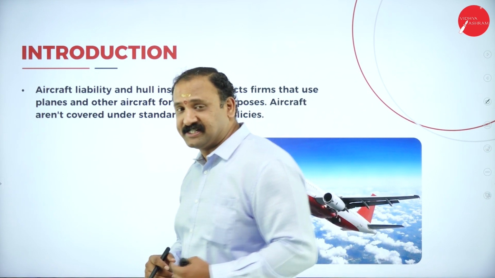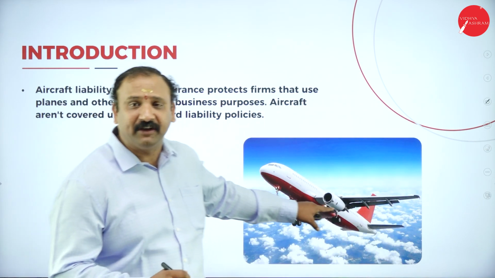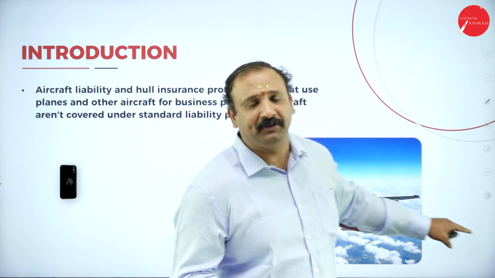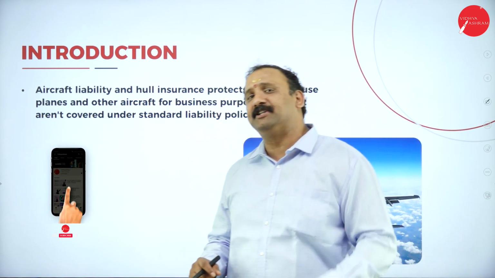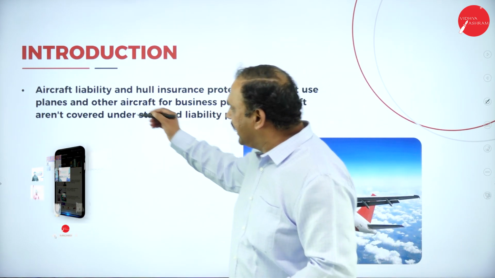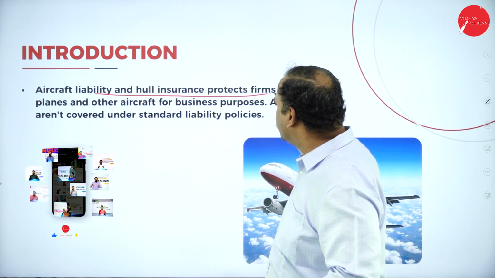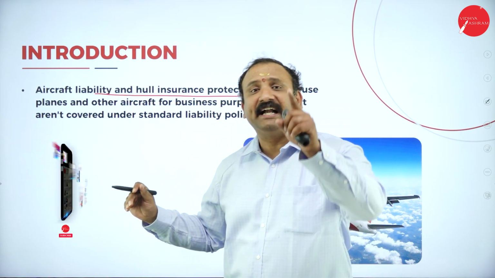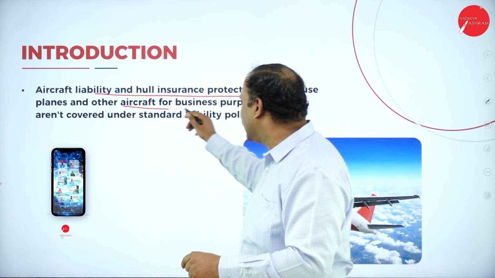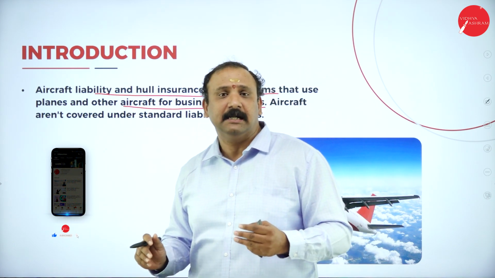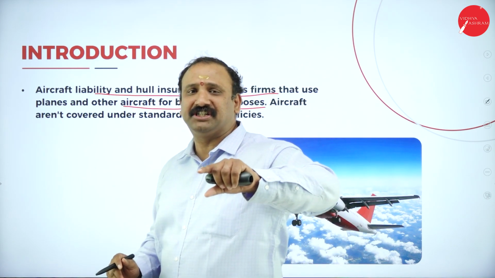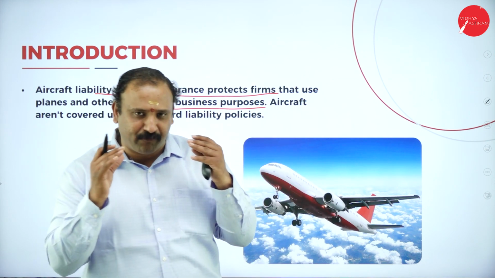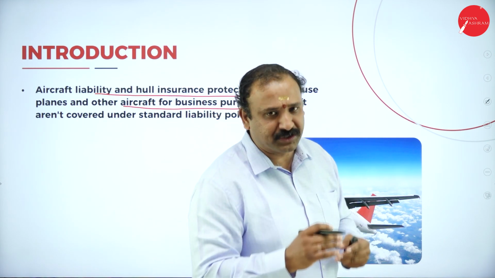Now you see a nice aircraft that has just taken off in the skies. And this is one of the riskiest businesses that anybody can talk about. So I would always say an aircraft liability and hull insurance protects the firms that use aeroplanes and other aircraft for business purposes. Now, on one side you have commercial airline companies which are fully into the travel and tourism business.